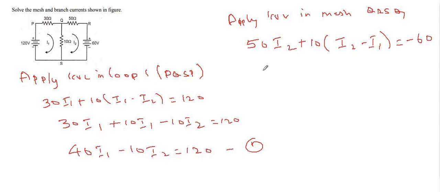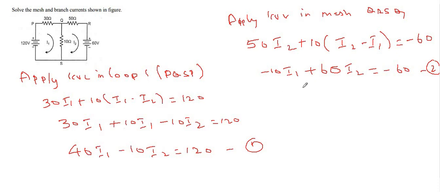So on rearranging, minus 10 I1 plus 60 I2 is equal to minus 60. So this will be our equation number 2.